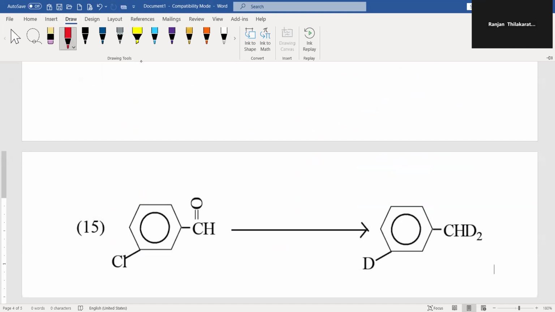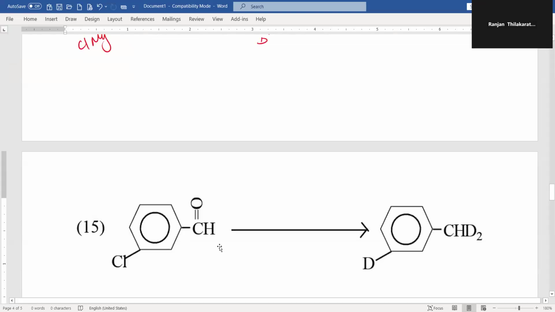Right here, it's D2. Again, in this case, as we have this aldehyde group, you can't convert this chlorine into a Grignard reagent. Why?